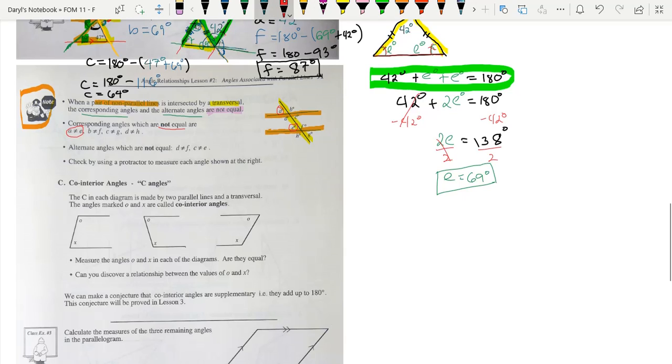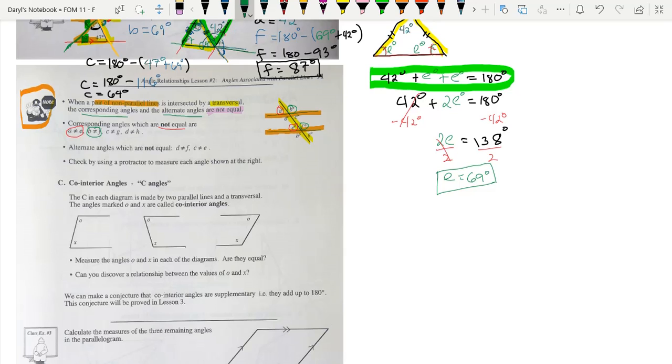So B and F, if you can see here, so that's a letter F pattern. Still, letter F, inverted F. B and F are still corresponding angles, but they are not equal in this case for the same reason that these are two non-parallel lines, as well as the alternate angles, which are not equal.